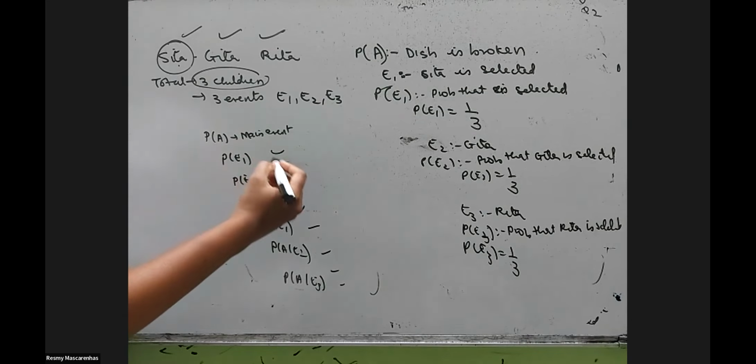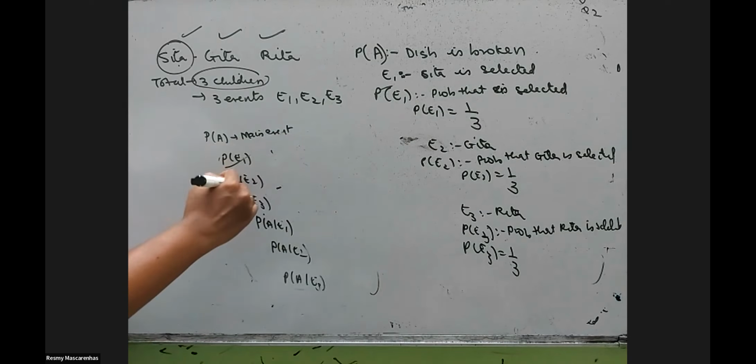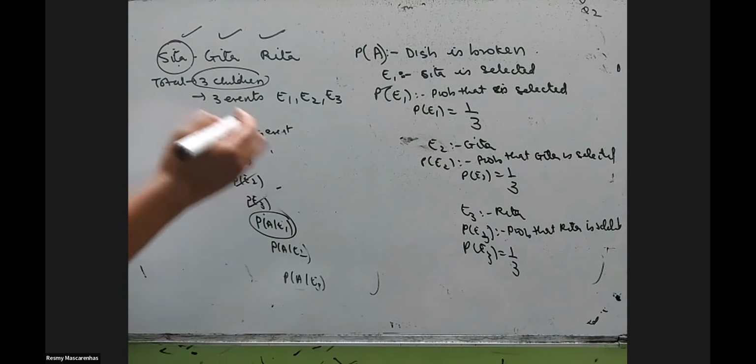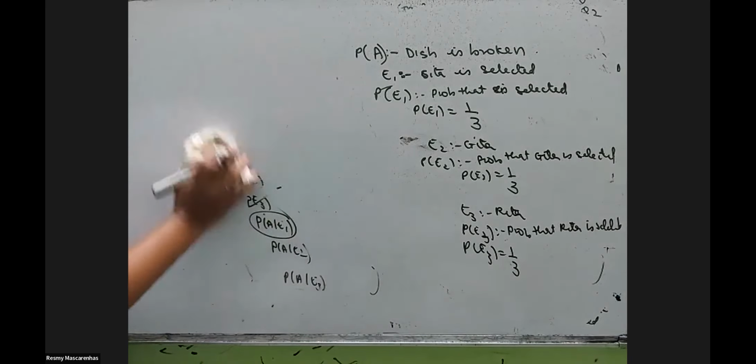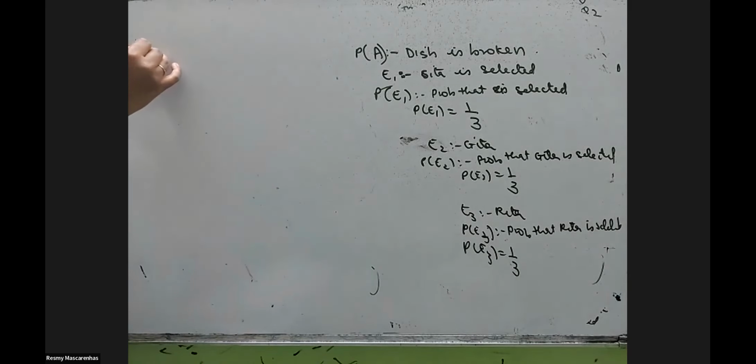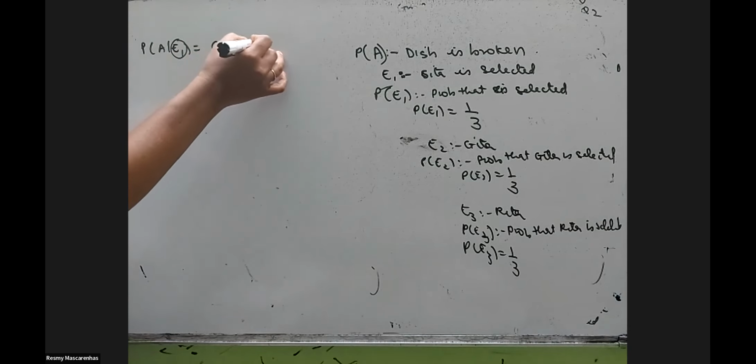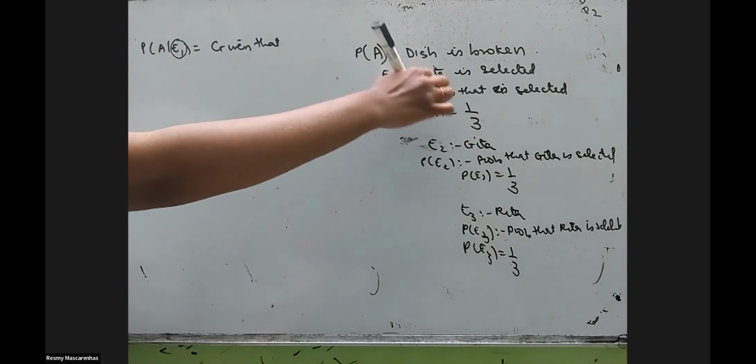Now this is done. Next is to write this. Given that, read from here first. Given that E1, what does it mean? Just look here.